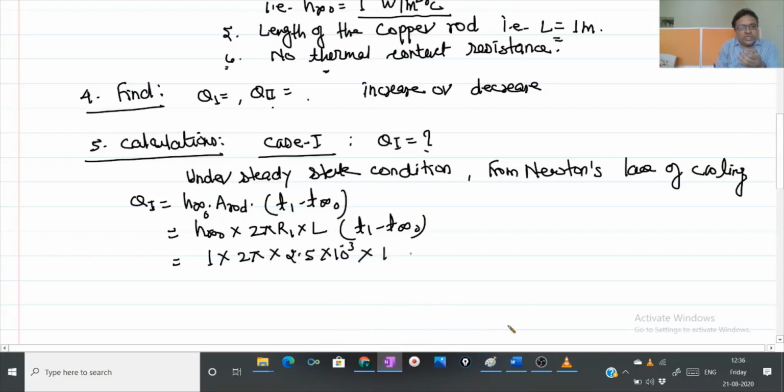L is unity. Temperature is 175 degrees Celsius and the surrounding temperature is 25 degrees Celsius. So from here I can calculate the value of Q1 as 2.356 watt.